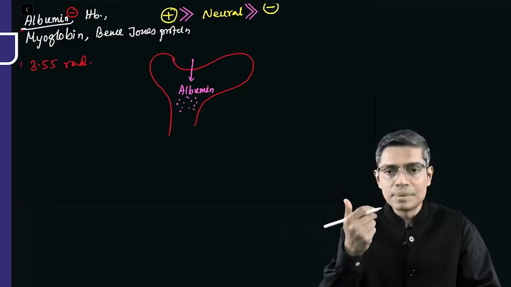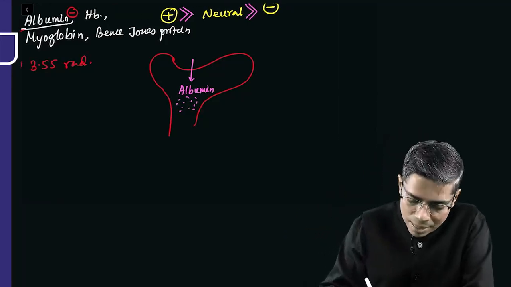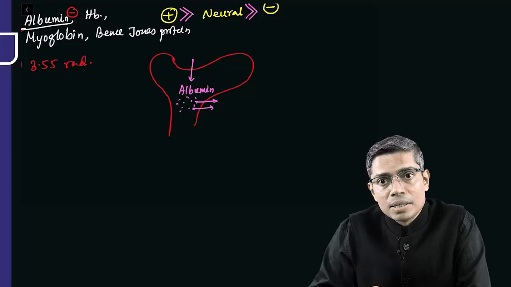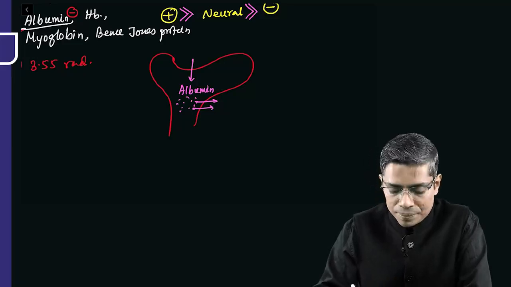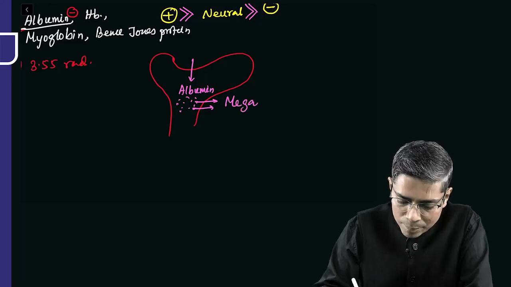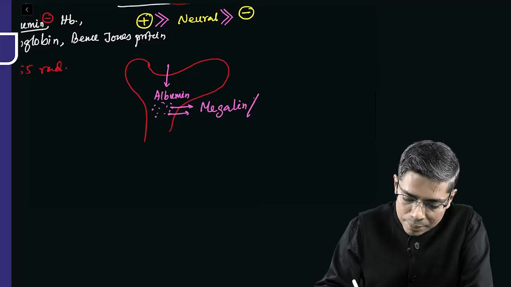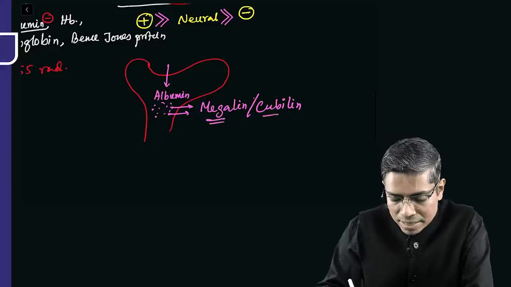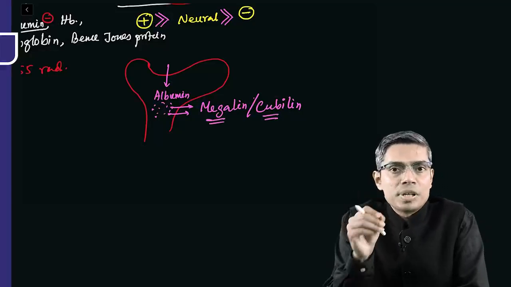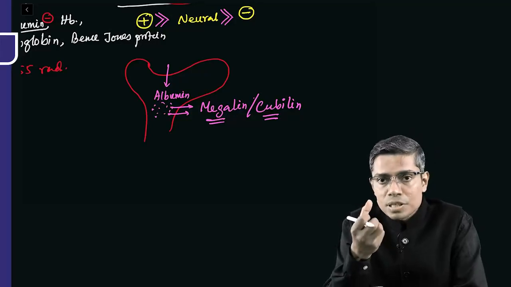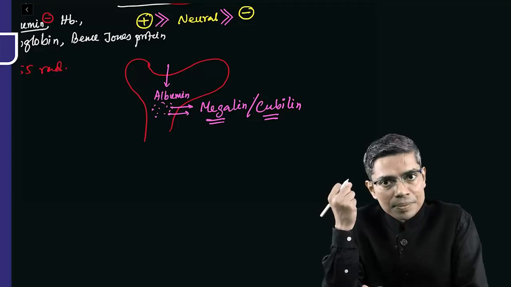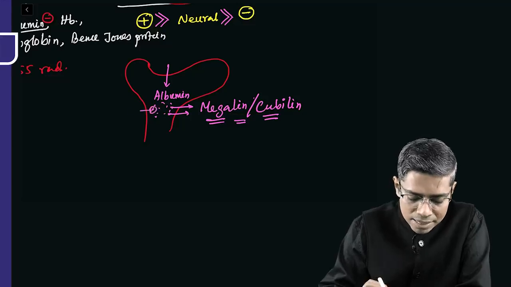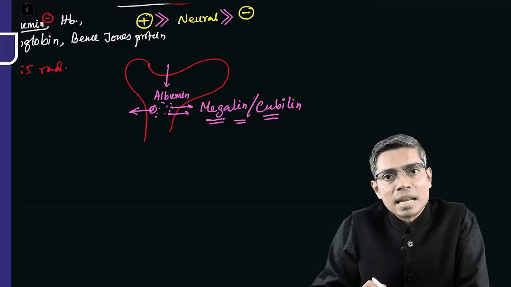But even after filtration, not all of this albumin will appear in the urine. Why? Because most of the filtered albumin will be reabsorbed by two receptor proteins known as megalin and cubilin, C-U-B-I-L-I-N. These proteins help in endocytosis of albumin.